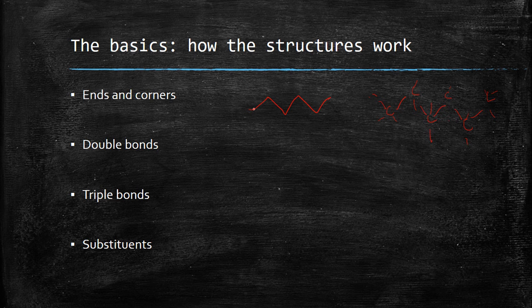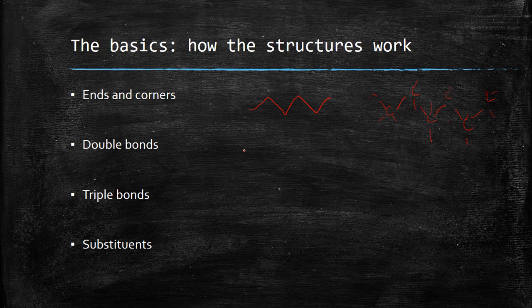If we look at this terminal carbon, it's only bonded to one other carbon, so in order for it to have a total of 4 bonds, it's going to need 3 other bonds. Since these aren't depicted by anything, they're assumed to be bonds to hydrogen. This only works with neutral carbons. When it comes to positively and negatively charged carbons, the rules are a bit different, and we'll cover that in a later video.